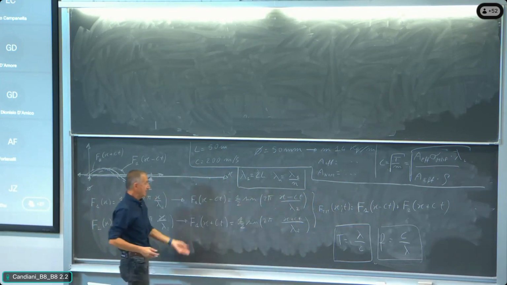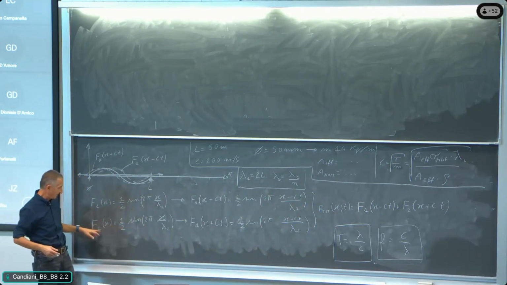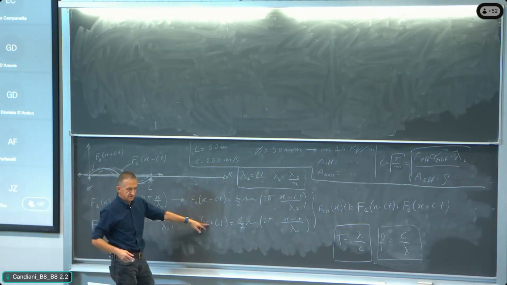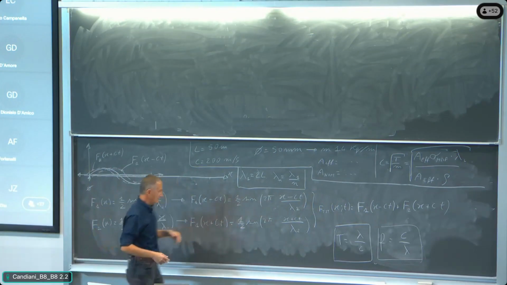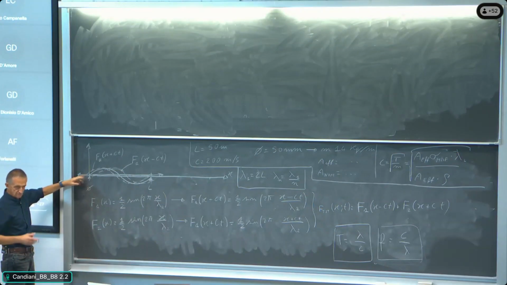All right? And then we make exactly the same, but substituting into the f2 instead of x, x plus ct. And so we are making the regressive propagative version of this wave.